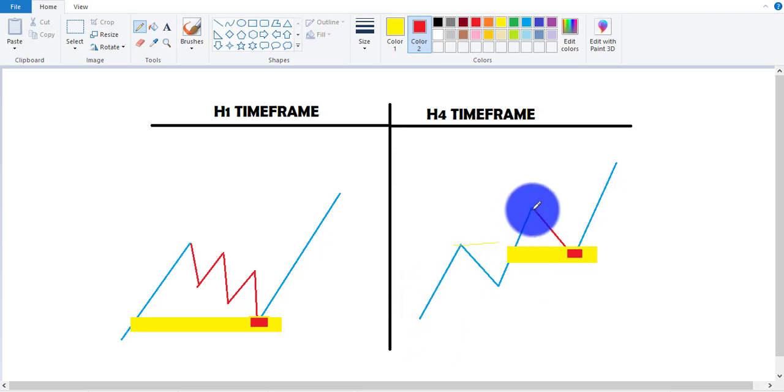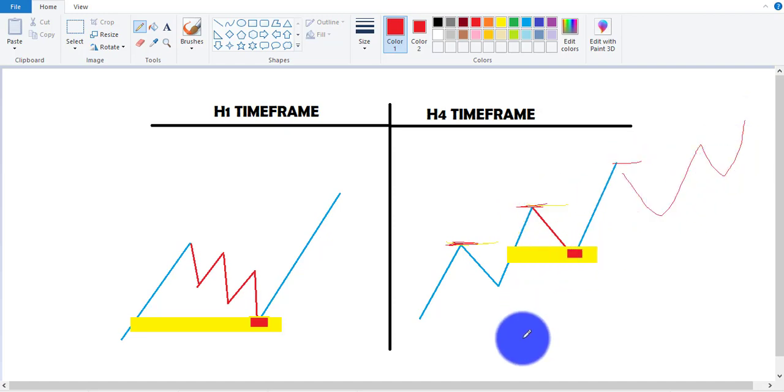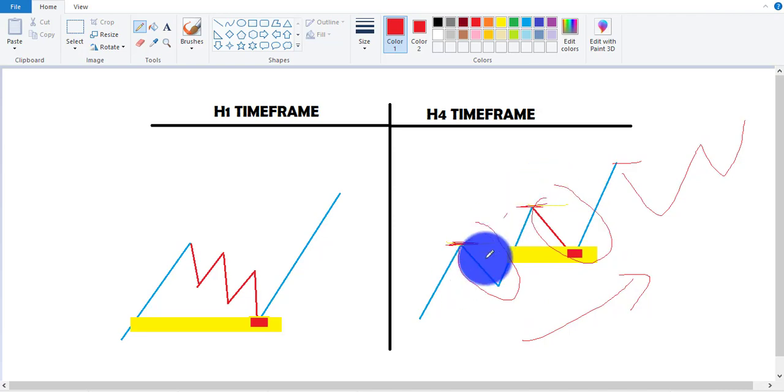So from the H4, if the market is moving like this, making a series of higher highs and higher lows, you will be expecting price to continue going up, because this is a bullish market structure. But what I want you to understand is the structures in between these moves in the H4 time frame.